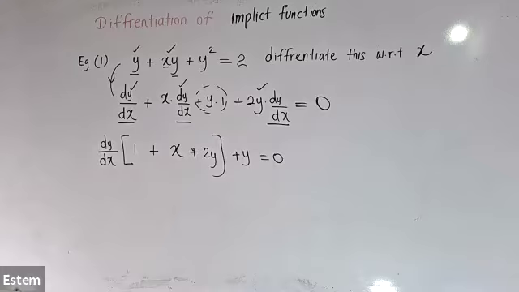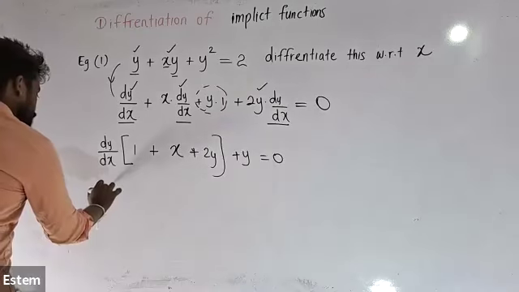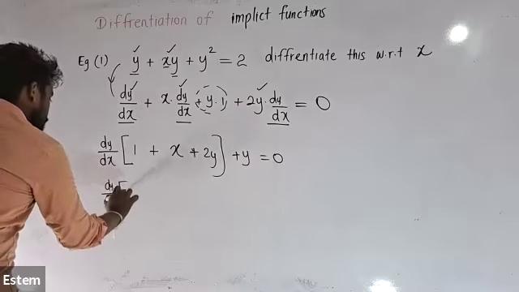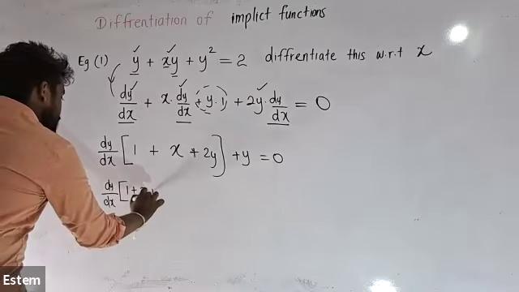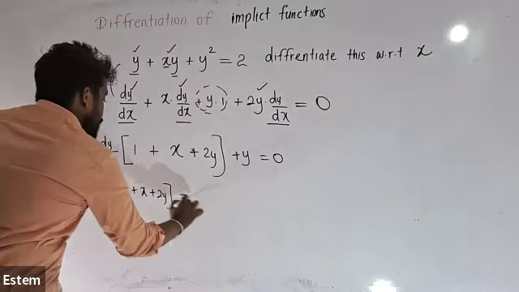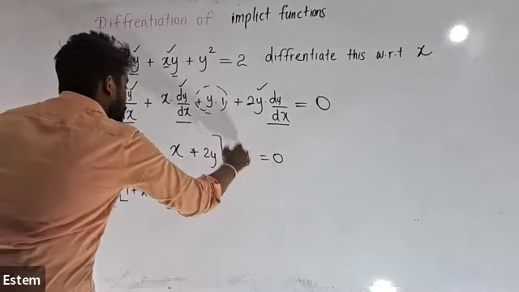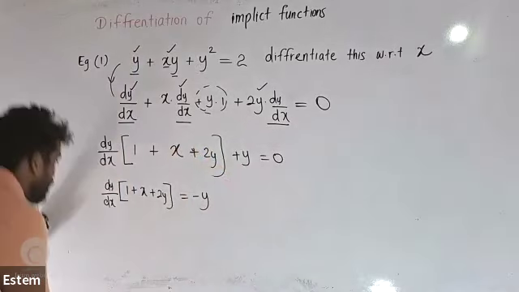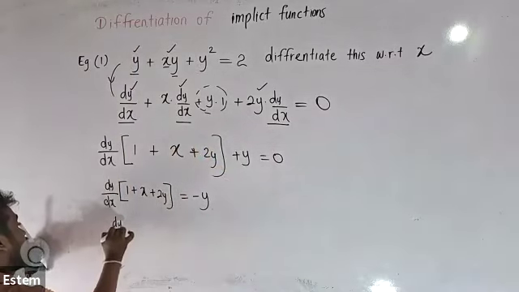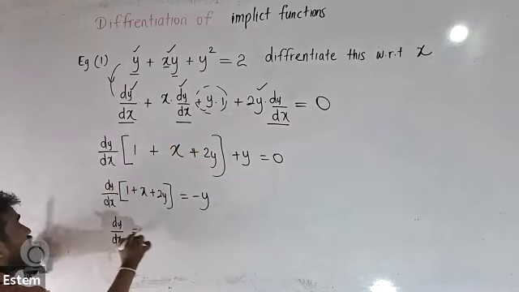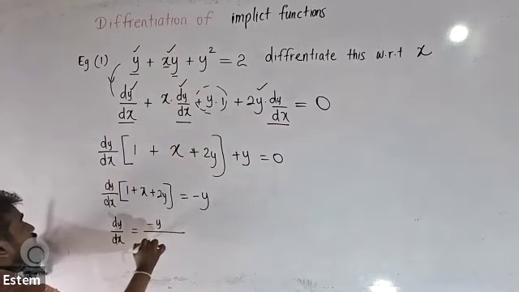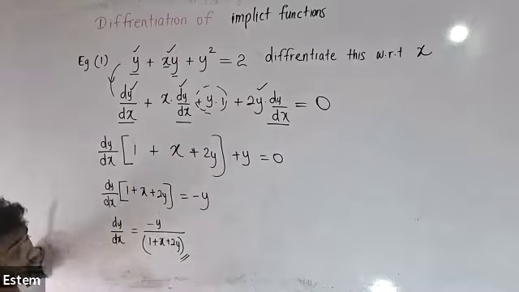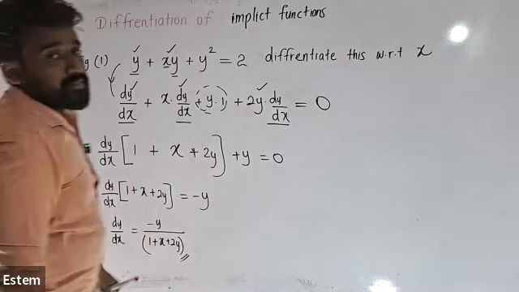Now dy over dx times 1 plus x plus 2y equals minus y. I got this plus side here. Now what is the answer of dy over dx? The answer of dy over dx is minus y over 1 plus x plus 2y. So this is the final answer, Buddha.